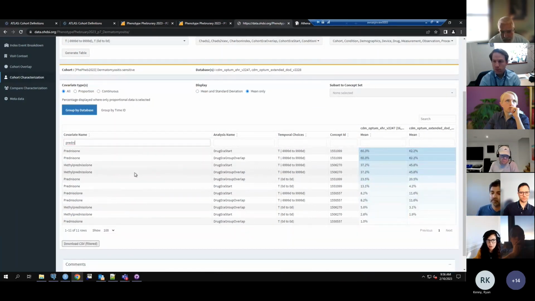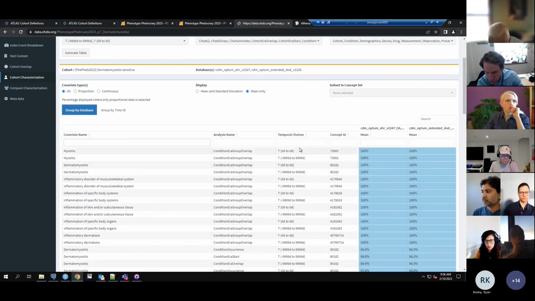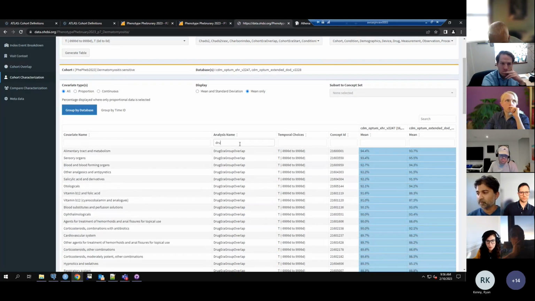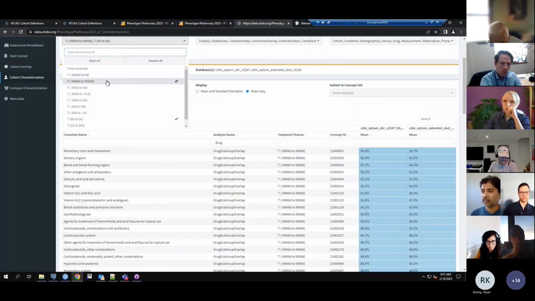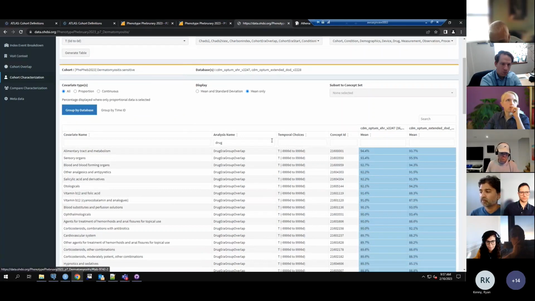Maybe Gautam can show us the entire list, instead of searching for a drug, let's look at the drugs prescribed. Maybe you want to switch to on the day of or around the day of index. Prednisone, and as we learned from some of our early testing on that, excluding topical preparations.